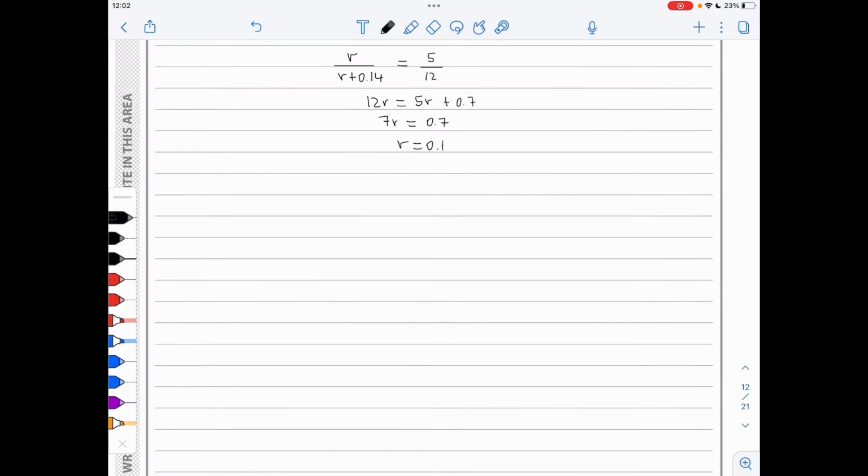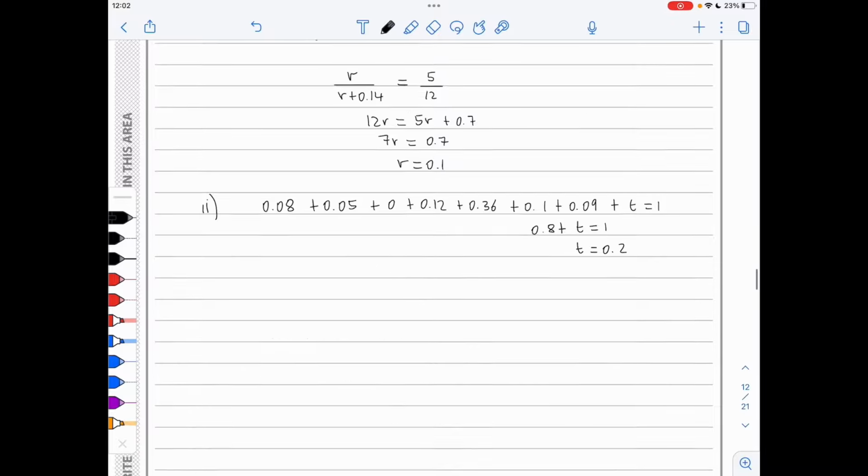So we've got that 0.08 plus 0.05 plus 0 plus 0.12 plus 0.36 plus 0.1 plus 0.09 plus T is 1. So 0.8 plus T is 1, which means that T is 0.2.